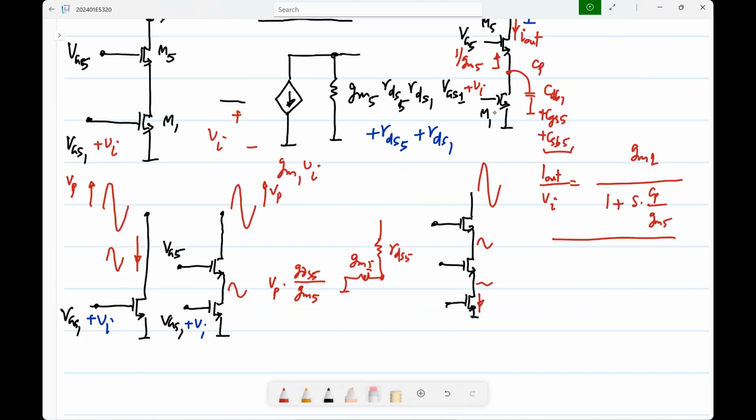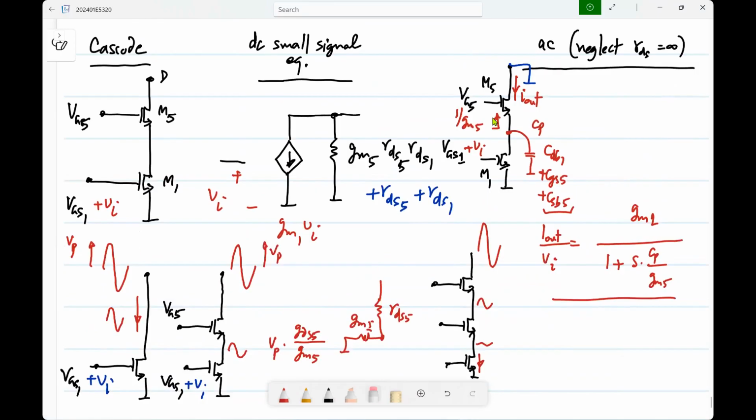No, not necessarily. Many times it depends on what you use it for. One of the reasons to use a cascode is also to make the capacitance from the drain node small, because I'll come to the output impedance. So if you want to make this small, the upper transistor could be very small, whereas the lower transistor is large.